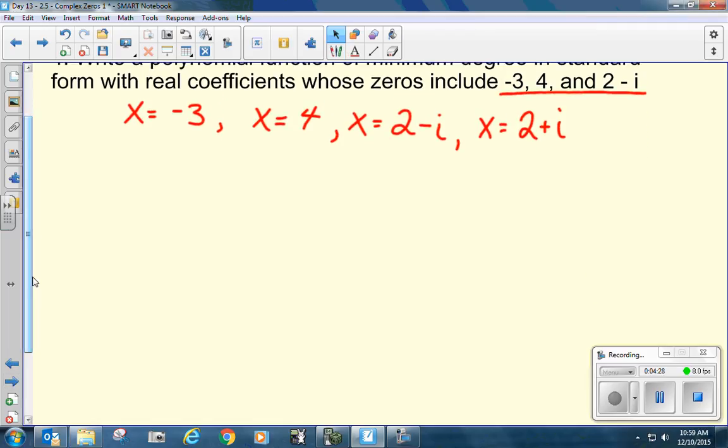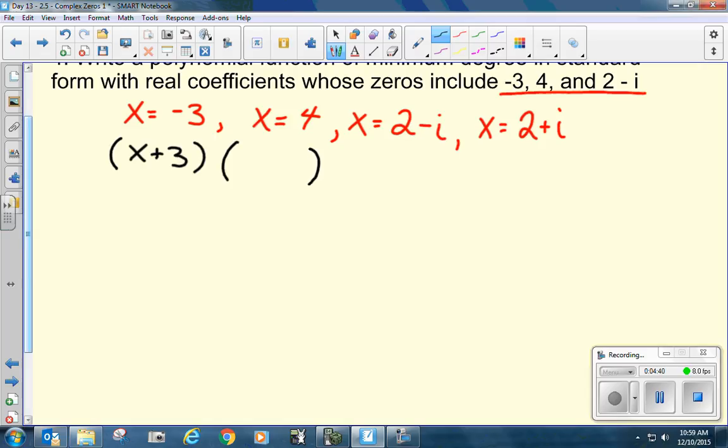What is going to be the factor if my answer is x equals -3? Yeah, I just switched the sign, right? What is going to be my factor if the answer is x equals 4? Yeah, we're just flipping that sign, right? This was a minus, this was a plus, we're just flipping it. Now, be careful here, because this whole thing is my answer.